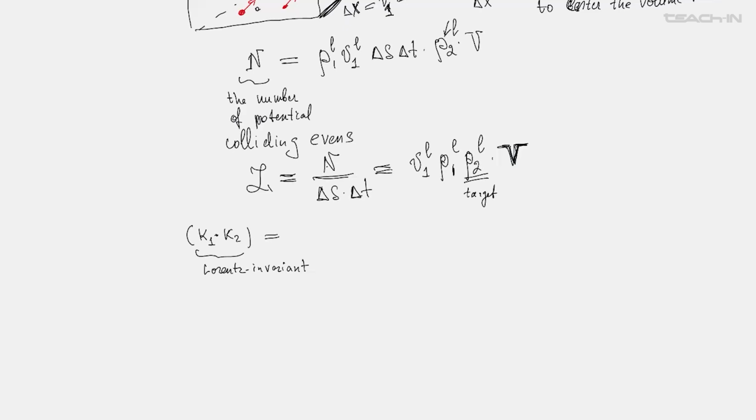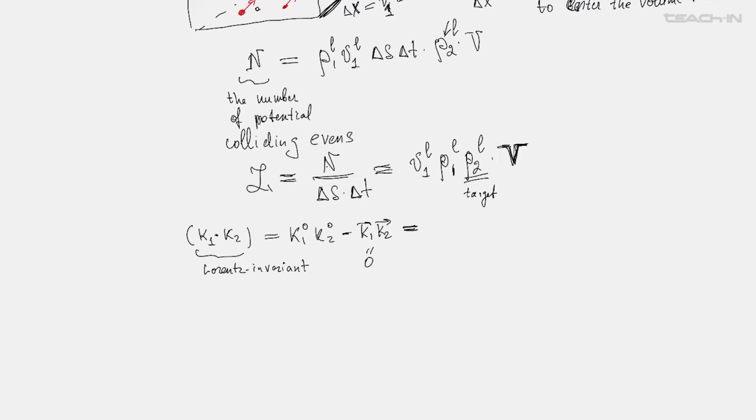You get K1⁰ K2⁰ minus K1·K2. But in the laboratory frame, the spatial part is actually 0, because K2 is 0. Particles in the second beam are at rest in this frame. And so you just get the product of energies.